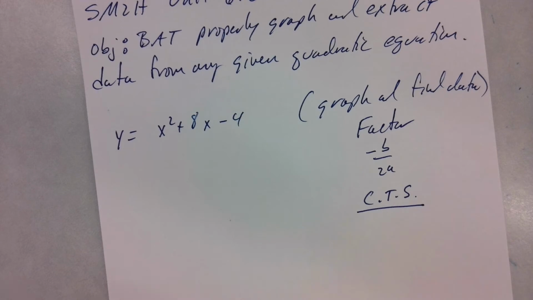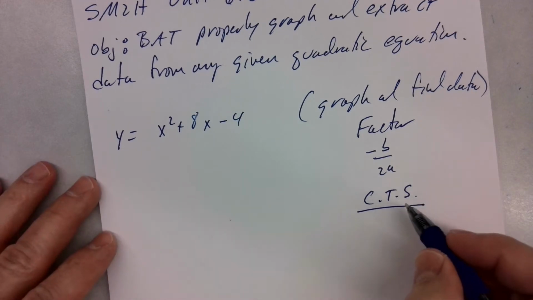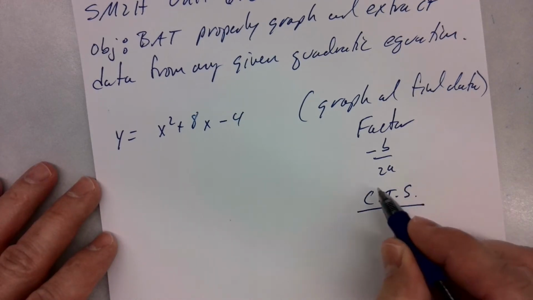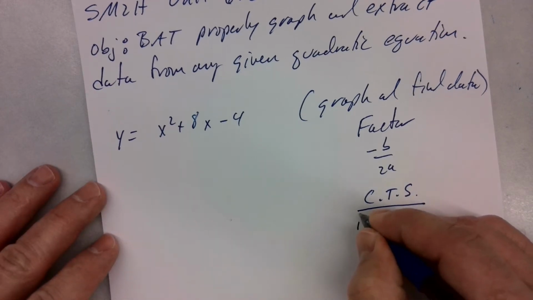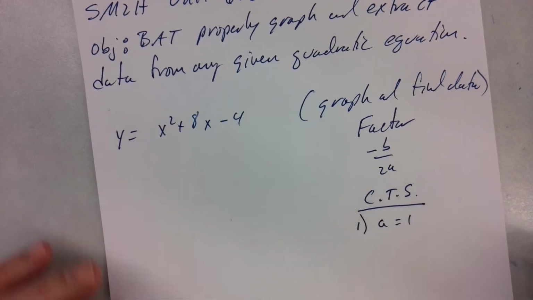Now, before that, I'm going to teach you how to determine whether or not this is even a good option. The first thing you want to look for is you want to have a be 1. If a is not 1, this is not a good candidate to complete the square.